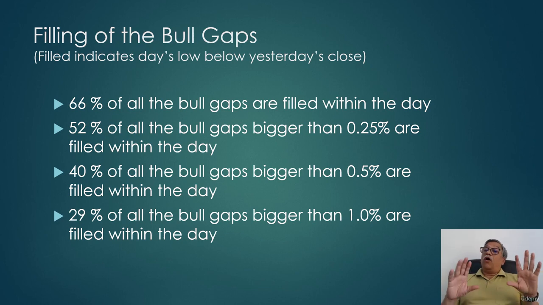Which means if the bull gap is huge, then the probability that it will fill up is only 29%. But if the bull gap is not that big, there is a fair chance it will be filled up within the day. All right. Now let us talk of the flip side, the negative side.